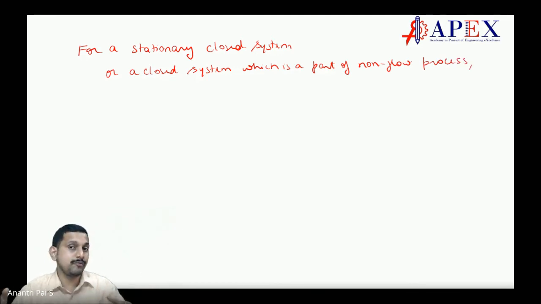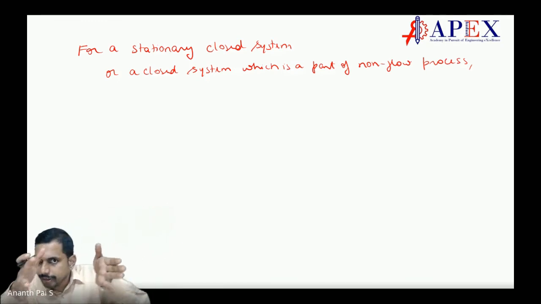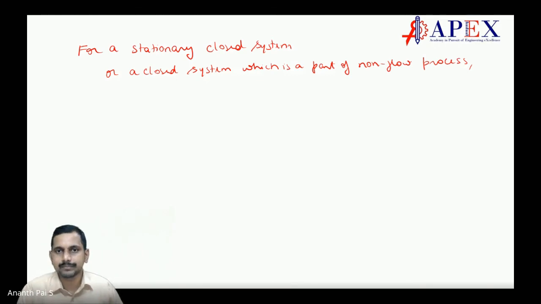So if there is a flow, you don't think it is an open system. If there is velocity, if there is flow, do not assume it is an open system. Flow can also be a closed system, provided you go with the mass along with that.